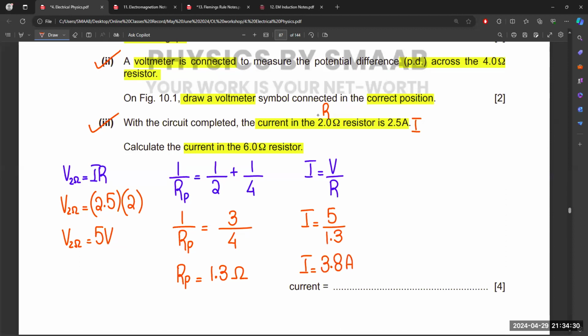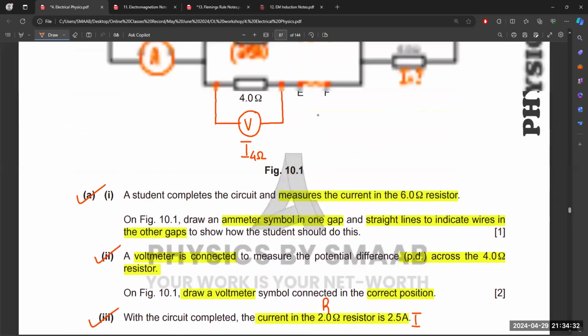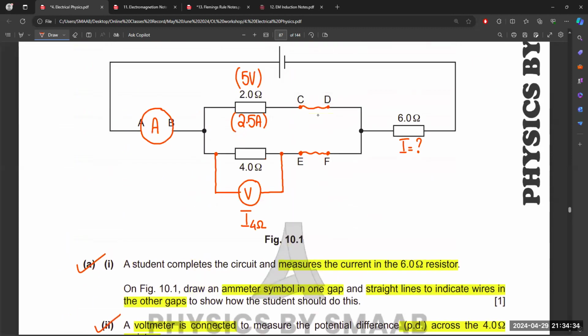So 3.8 is the total current dividing between these two resistors, right? It means 3.8 ampere current is passing from this side, and when it reaches the junction, it divides into the 2 ohm and 4 ohm resistors.